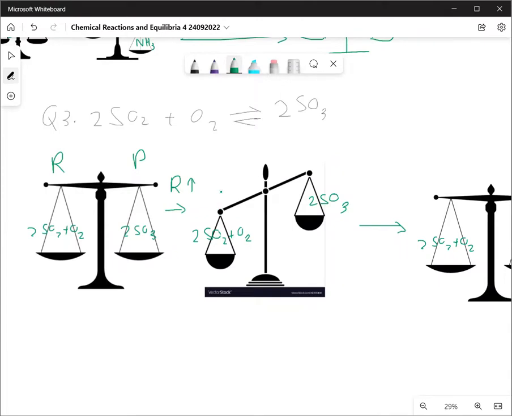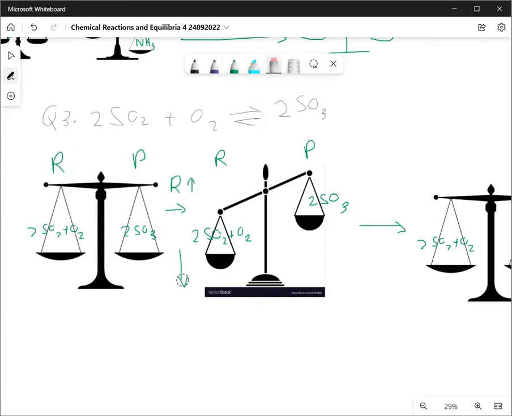We can decrease the product side or increase the reactant side. If I increase the reactant side, then it will go downwards. और नीचे चला जाएगा वो.